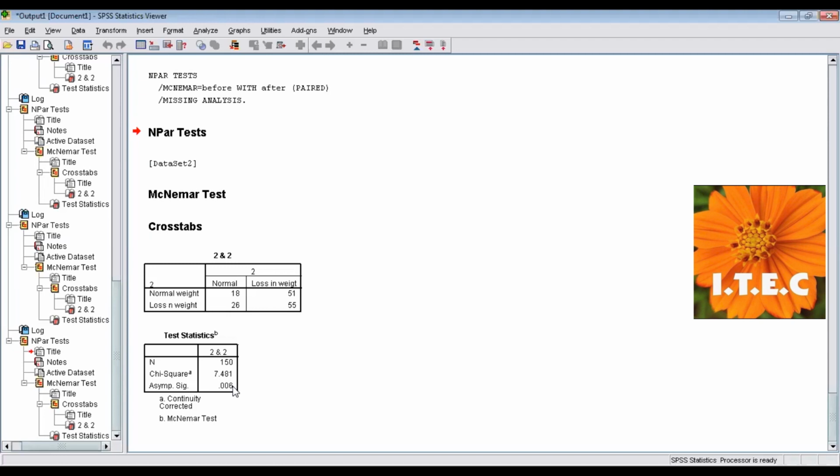And DF will be 1 because it is 2 by 2, so column minus 1 and row minus 1, which is 1. So let us see.